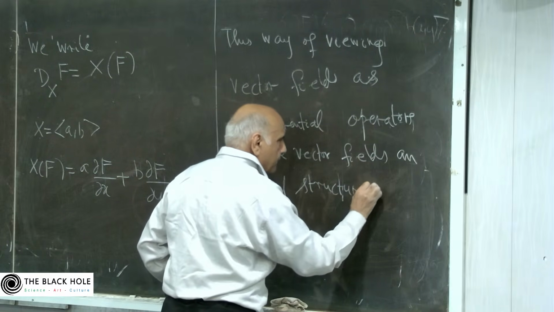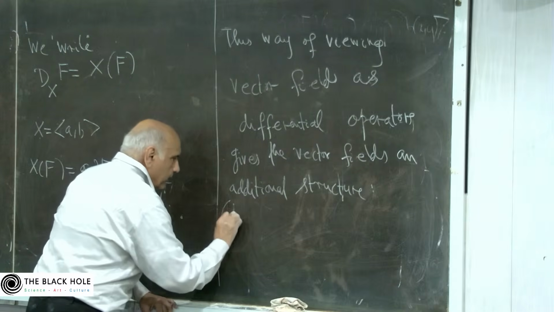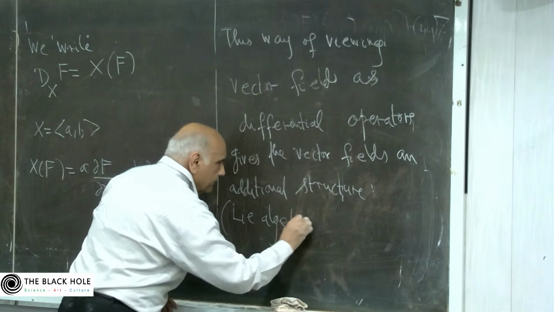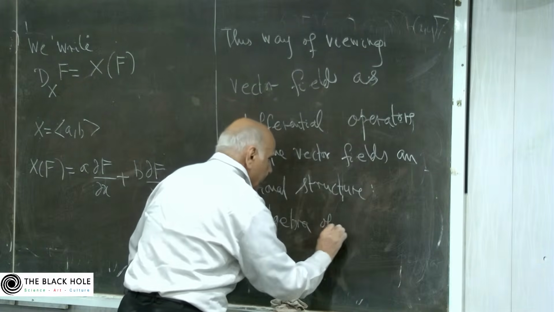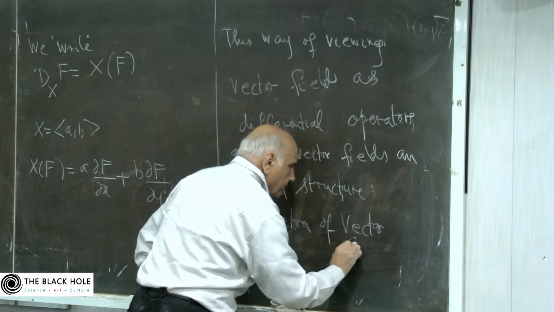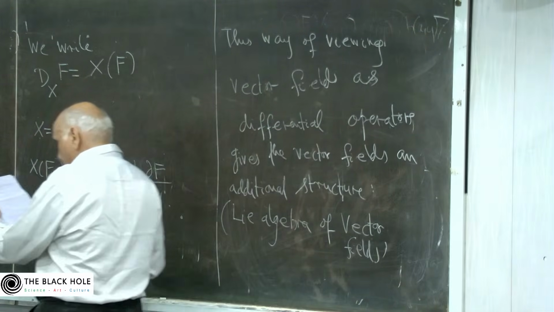Okay, so that structure has a technical name. It's a Lie algebra. So the vector fields form a Lie algebra, and what is this?